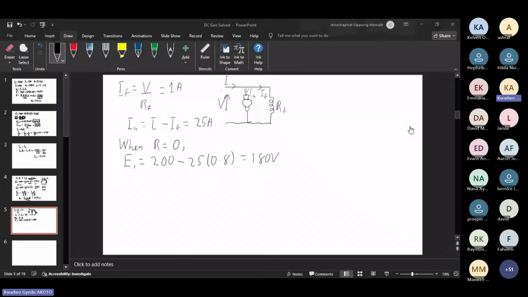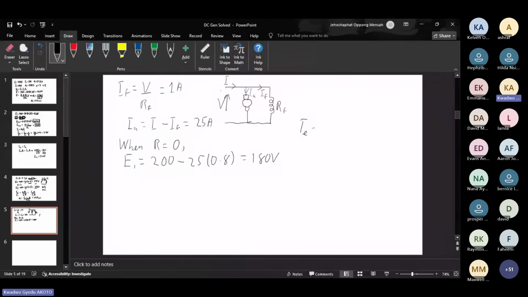If we take torque to be constant and flux to be constant, we know that torque TE is equal to K phi IA, right? So if torque is constant and flux is constant, then IA is also going to be constant, right?